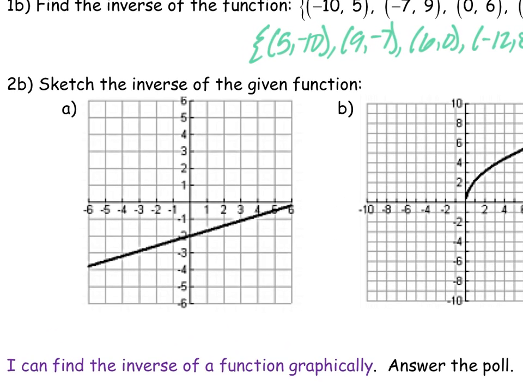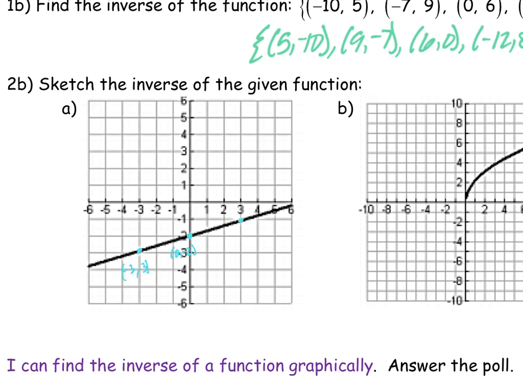For the graphs, I would just find some points on the graph. I'm going to look, and I think here's a point, and here's a point, and here's a point. I'm going to use those 3 points because those are the closest ones I can find. So this is (0, -2). This is (-3, -3).